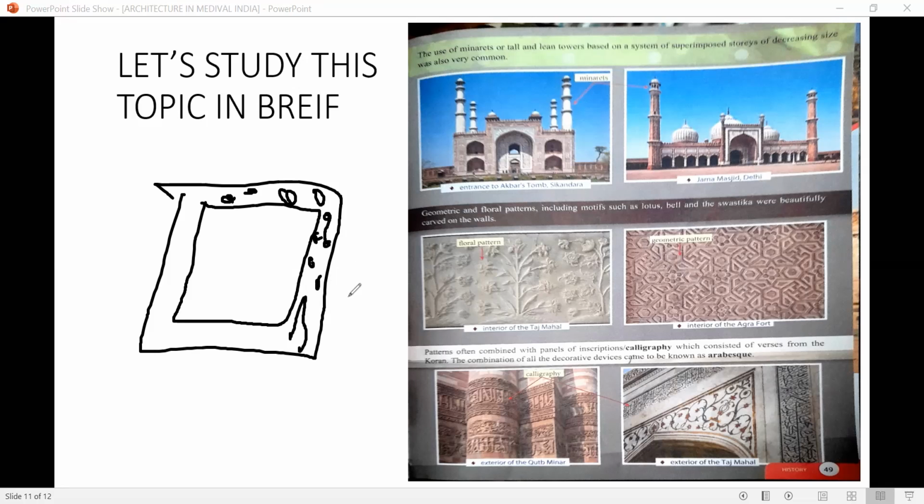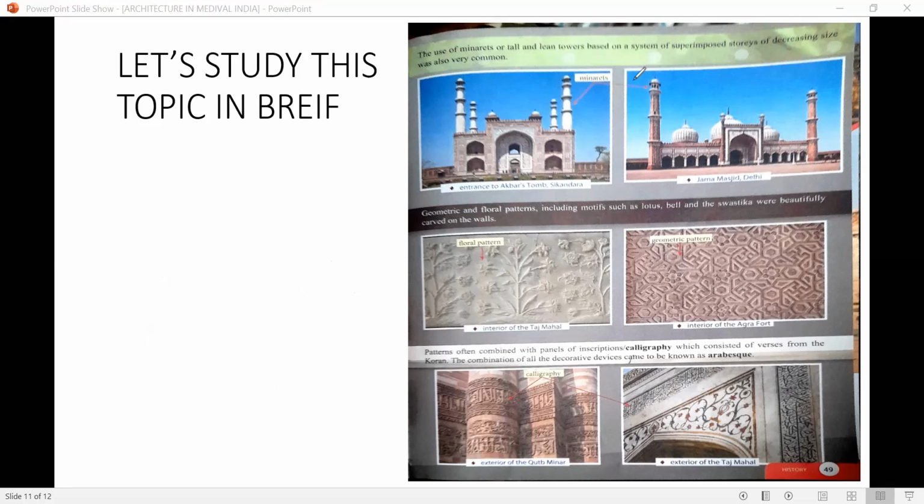Floral pattern actually means when we have flowers on a particular thing when we decorate it. Including motifs such as lotus, bells, and swastika were beautifully carved on the walls.